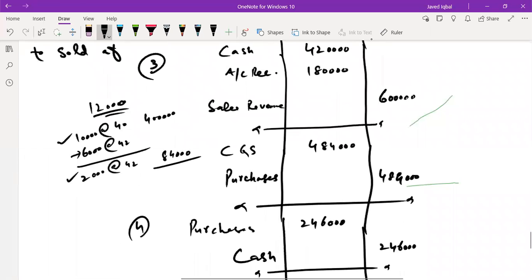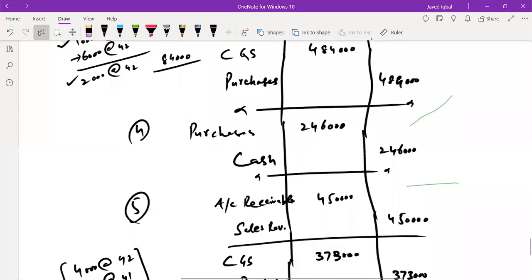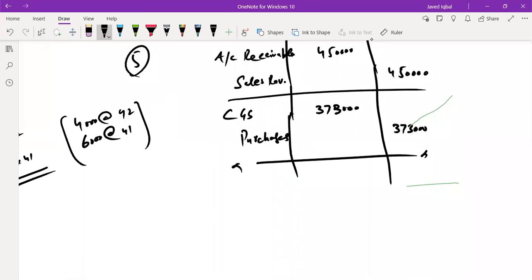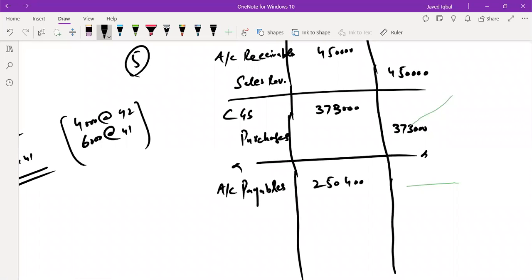Do you have any other liability? No. So your accounts payable is debited, which is 250,400. Since you're paying it by cash, cash is credited 250,400. So this concludes your transaction number 6.